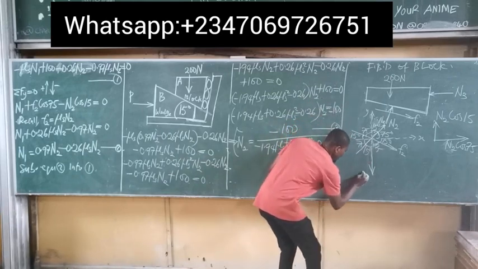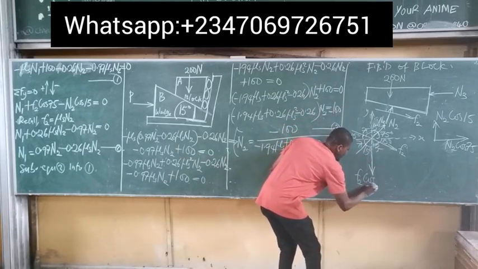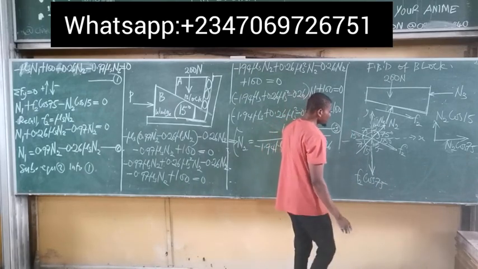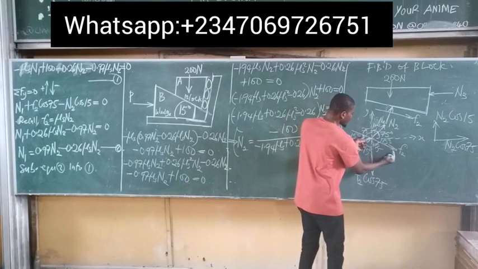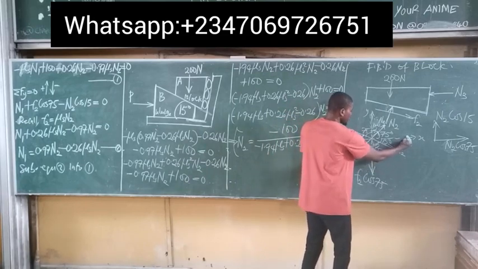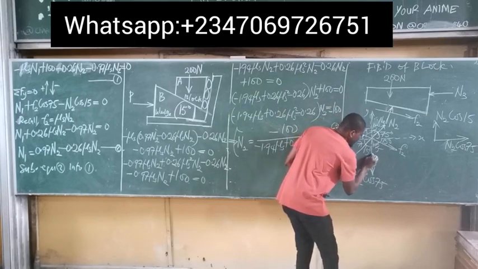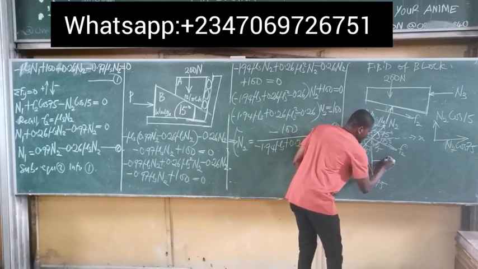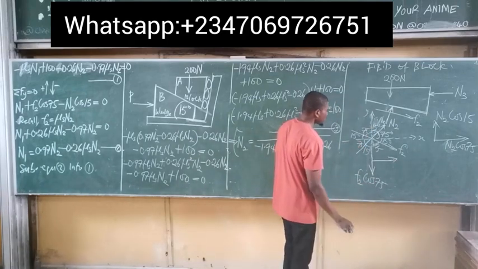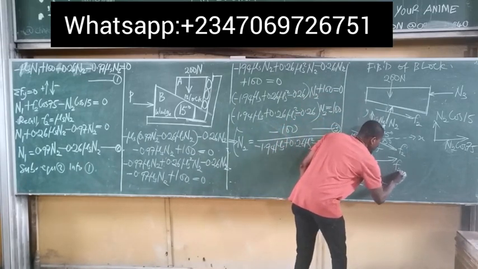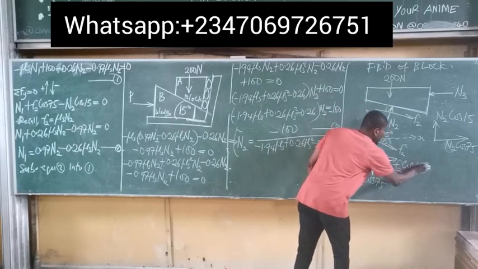So you simply multiply F2 by cosine of the angle it passes through, that's 75. Resolving this force horizontally, you hold the tip of the arrow of the force, pull the force to the horizontal line. Which direction does this force point? Positive, to the right. So you have it here, pointing to the right. And which angle does it pass through? 15. So you simply multiply F2 cos 15.